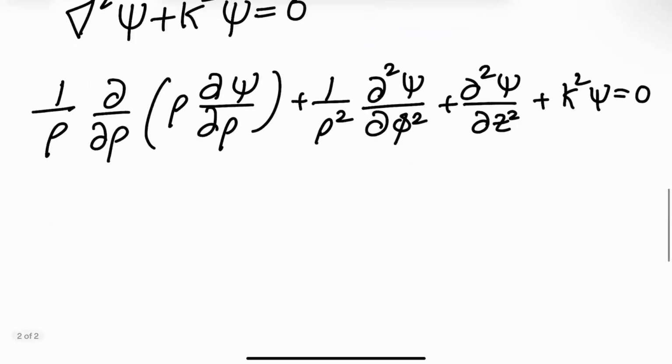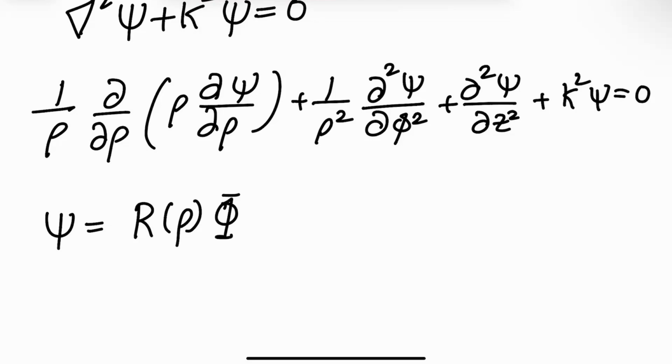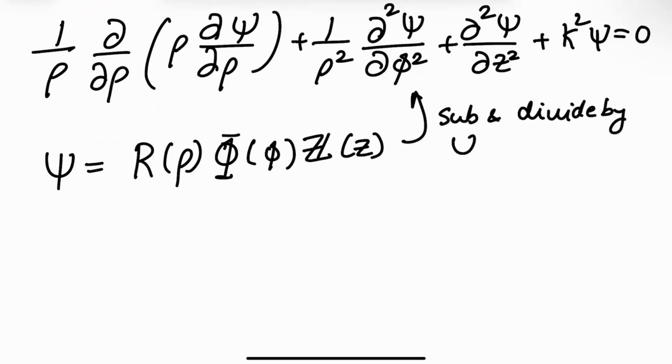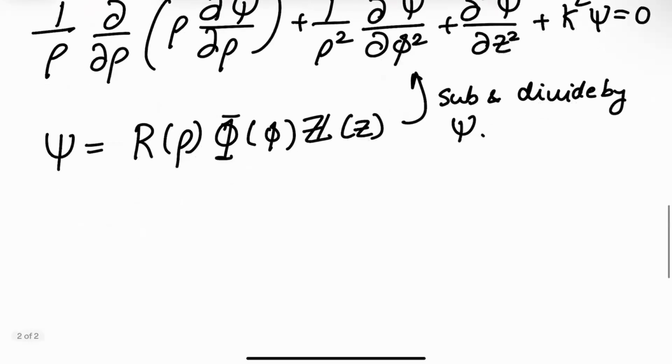We use separation of variables again because we have a coordinate system that the variables align with: psi equals R of rho, capital Phi of phi, and Z of z. Then you substitute this and divide by psi, same as what we did earlier.